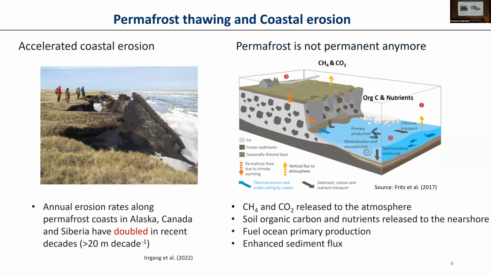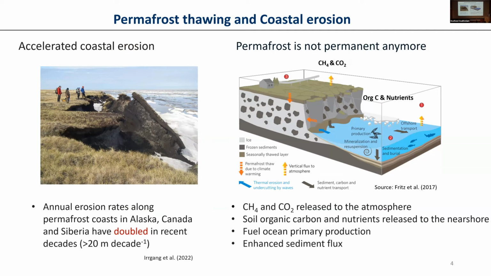Warming and sea ice retreat, as two major drivers, also have substantial impact on the land ecosystem. One direct consequence is coastal erosion and permafrost thawing.